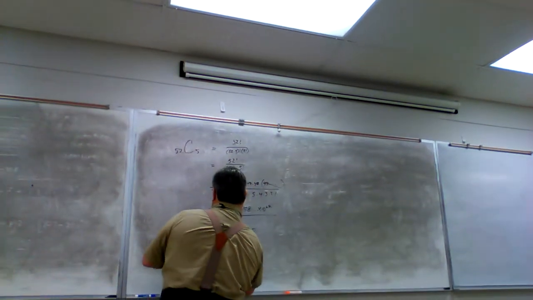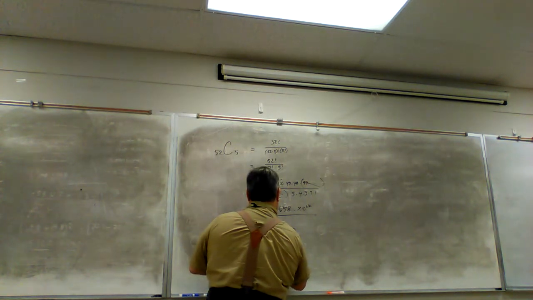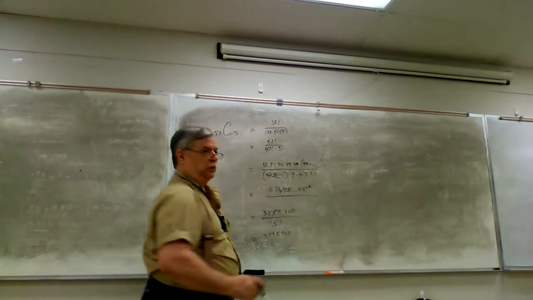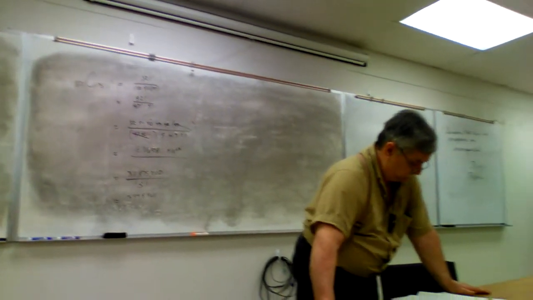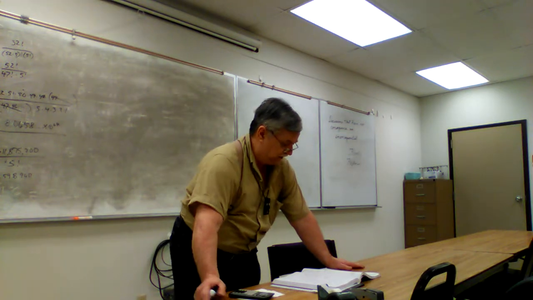And you're left with 2,598,960 possible combinations. Oh, look, that is what they get. 2,598,960.